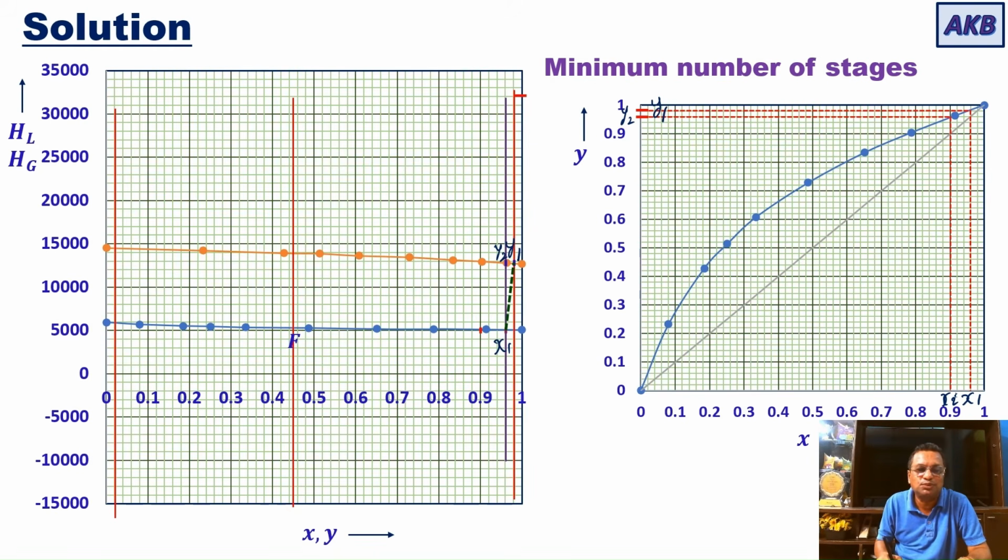So come back to the enthalpy concentration diagram, locate x2, draw a vertical construction line through it, and then connect x2, y2. So you will get y3. So y3 will be equal to 0.9. That is, in this case, it is equal to x2. Yeah, you can check.